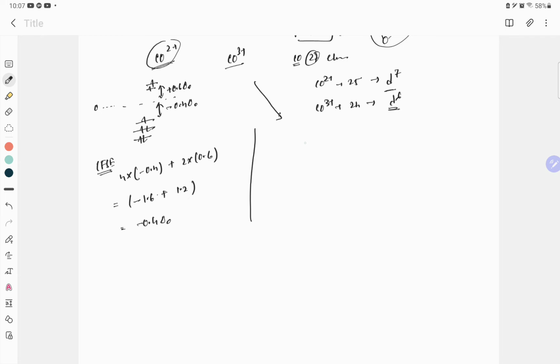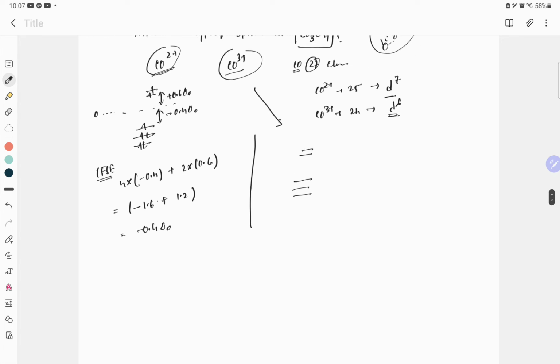Here it is a D6 system. D6 system means if Co3 plus is present in octahedral voids, the CFSE will be, sorry, this will be 5, because 1 2 3 4 5 6 7.